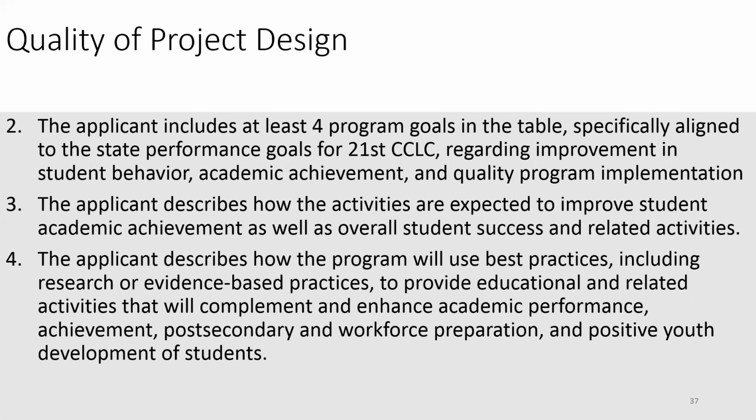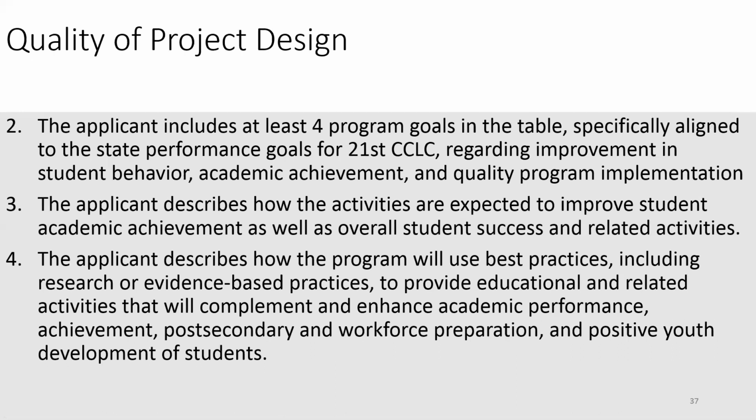So in the quality of project design, there's the needs statement and the bullets that we just looked at. Then there's the program description. It doesn't really have that title in the application, but it's the first part of the quality of project design, and this is where we ask you to submit or develop a matrix with your global goals, objectives, and measures of student success, all of the things that we talked about earlier in the presentation.